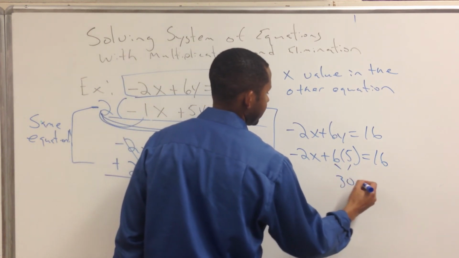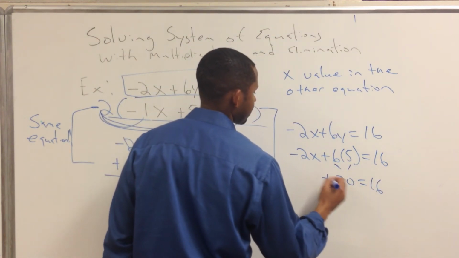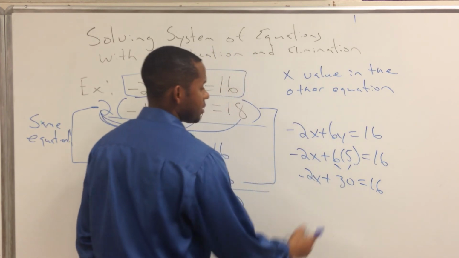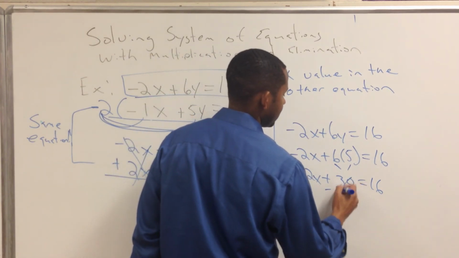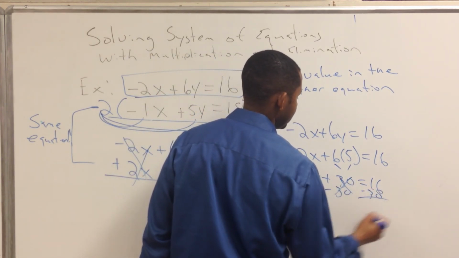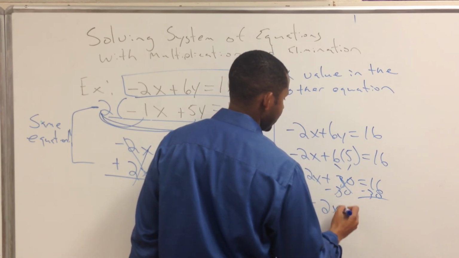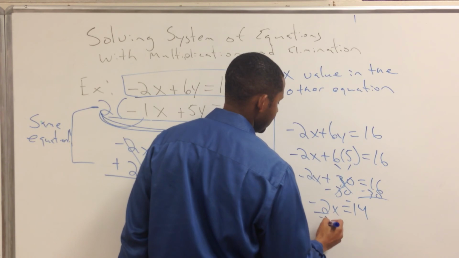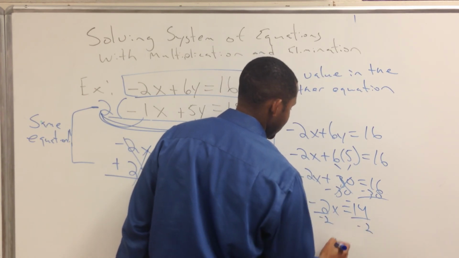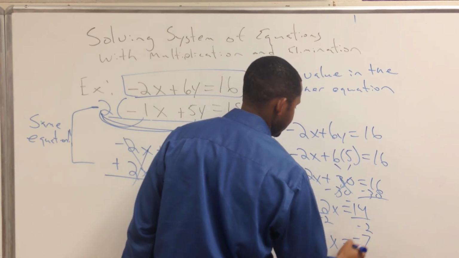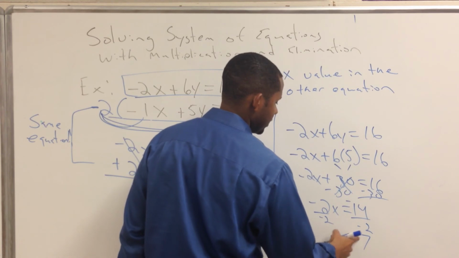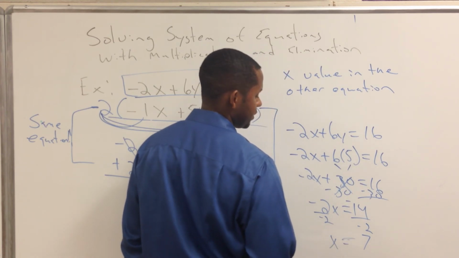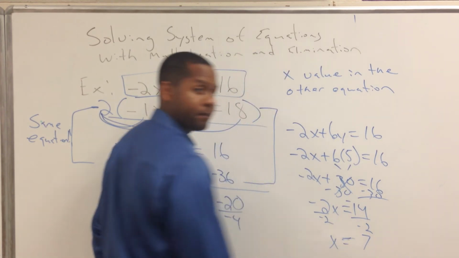This becomes a 30. To solve this, I do minus 30 on each side. Negative 2x equals, what's that, 14? Negative 14. x equals positive 7. Okay?